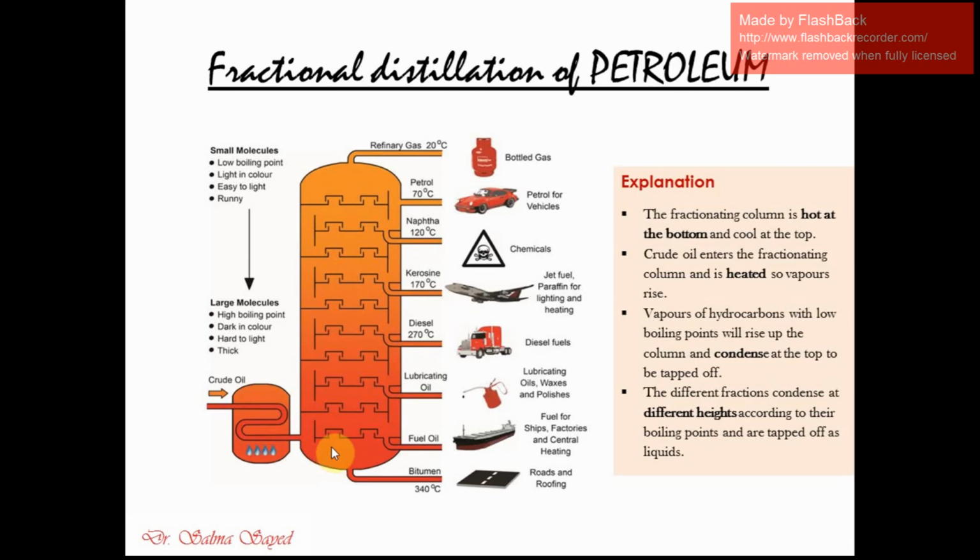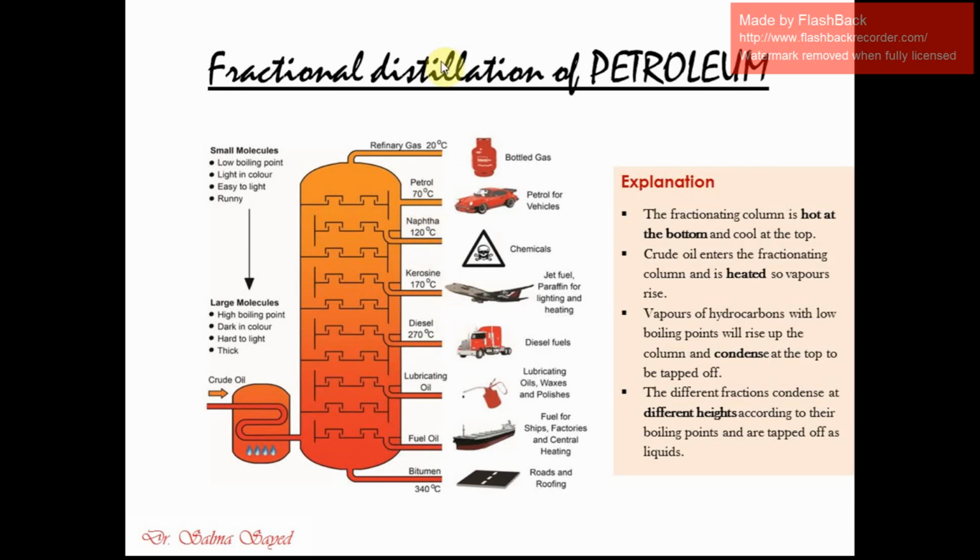The ones with the lowest boiling point will separate first, at the top of the column. So for instance, if I compare refinery gas to bitumen, refinery gas has a much lower boiling point. It boils at 20 degrees Celsius, so it separates as a gas at the top. In the middle of the column, they separate as liquids, and in the very bottom, they separate as solids. So these are the different fractions.